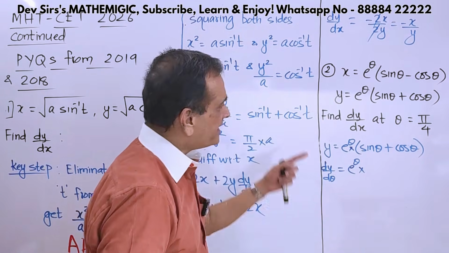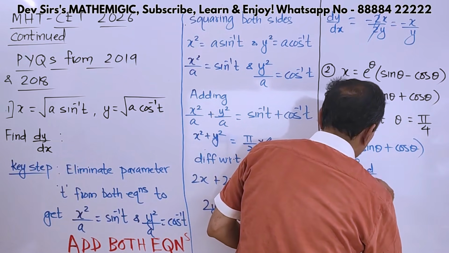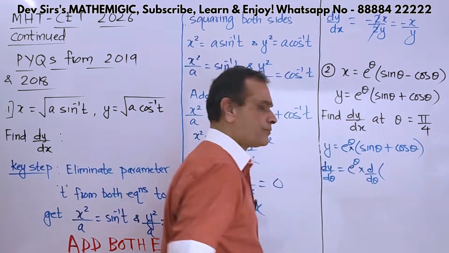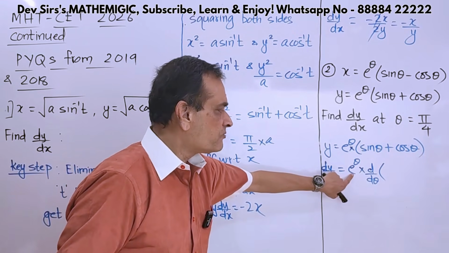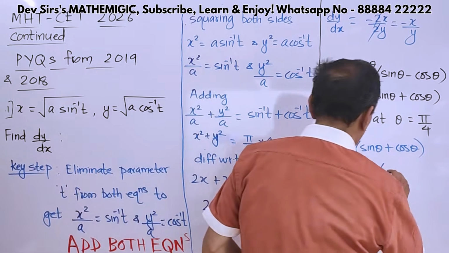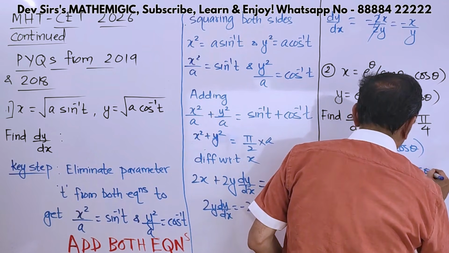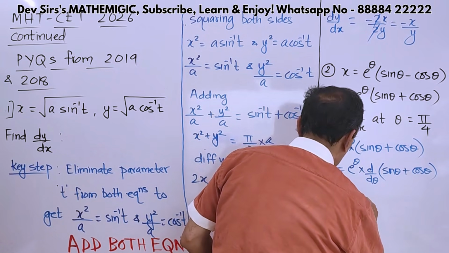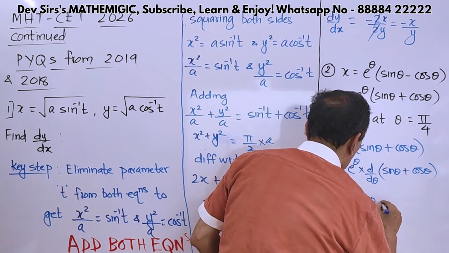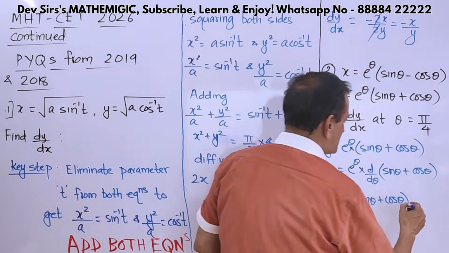I am writing this, second we will do directly. Derivative means d by d theta now, not d by dx. Differentiate with respect to theta. So first function derivative of second plus second function derivative of first.